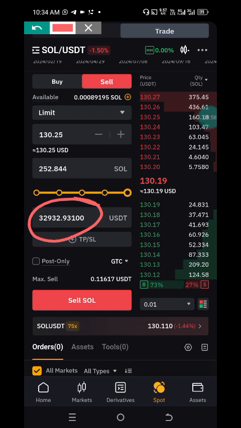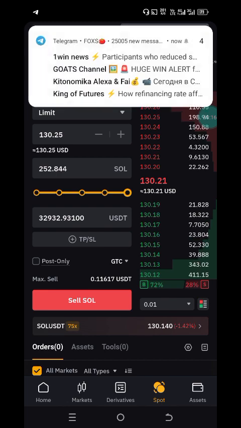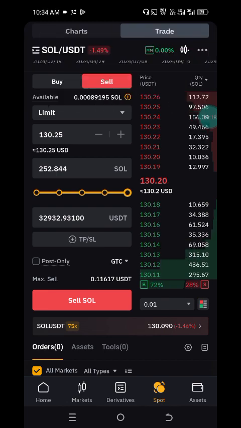So what is the time range that it took me to get this money? With my 2,000 US dollars I get 32,000, almost 33,000 US dollars. So I have to check how many years it took me. Wow. So let me go back to my chart.